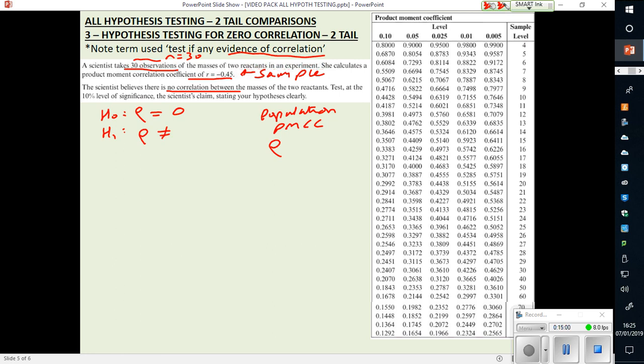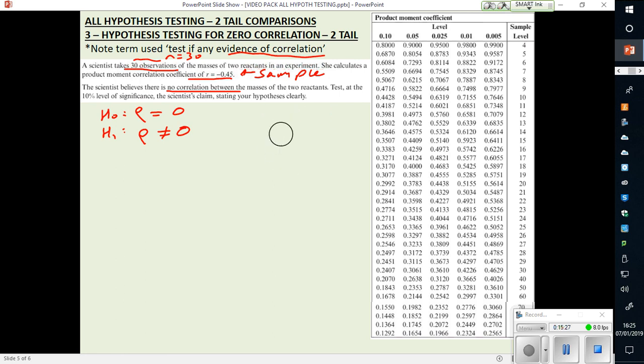And for H1, we're saying it's not 0. So the established view at the moment, H0, that's our null hypothesis, is that the population has no correlation. H1 though says actually it's not zero correlation. There is correlation somewhere, whether it's bigger or less than 0. Okay, and that's what we're trying to find out.